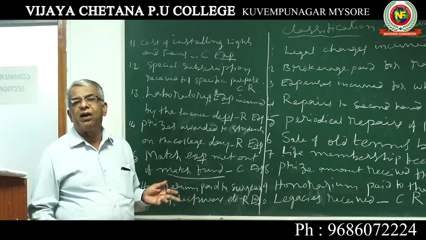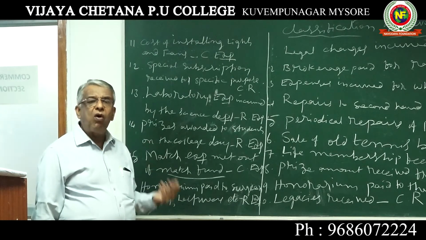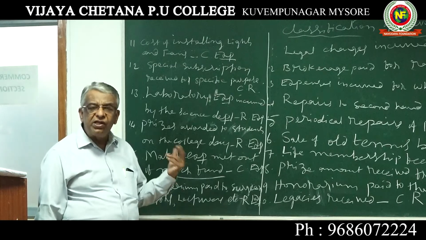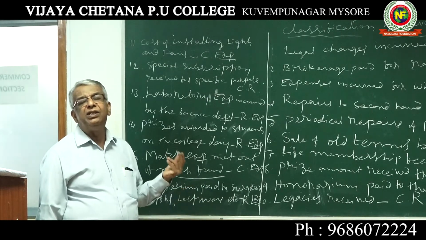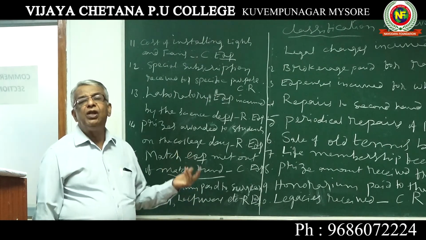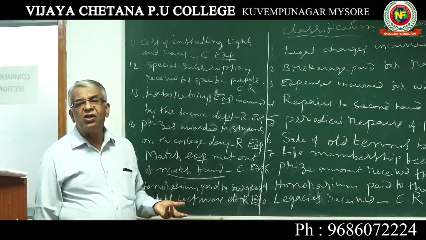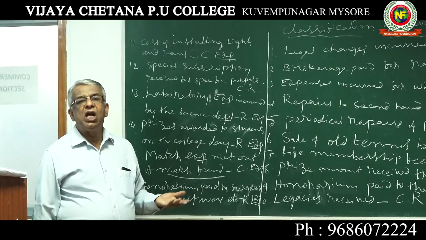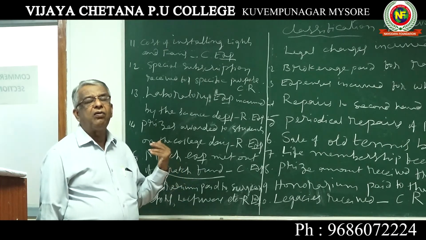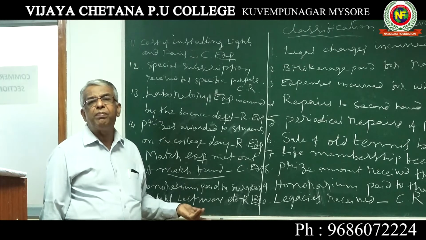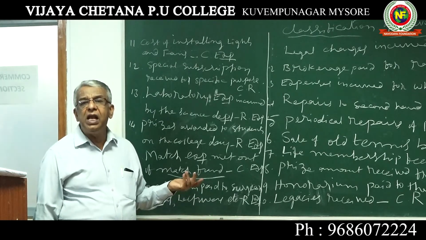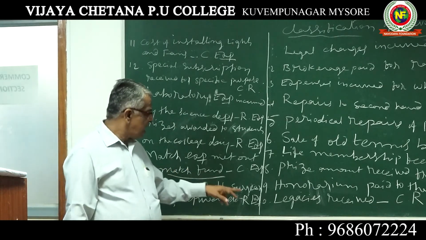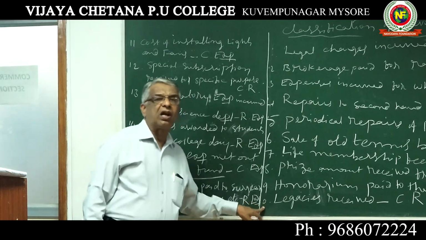Whatever amount is paid by these not-for-profit organizations for the service rendered is considered a revenue expenditure because it is recurring in nature. Frequently they have to call the doctors and ask them to give treatment to the patients. Therefore it is considered as revenue expenditure.